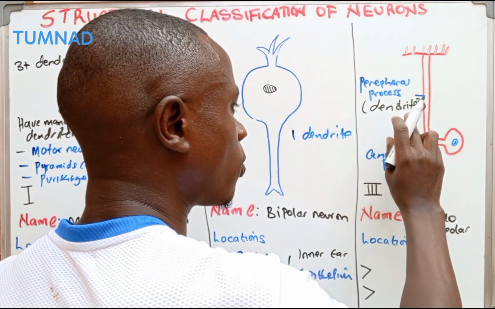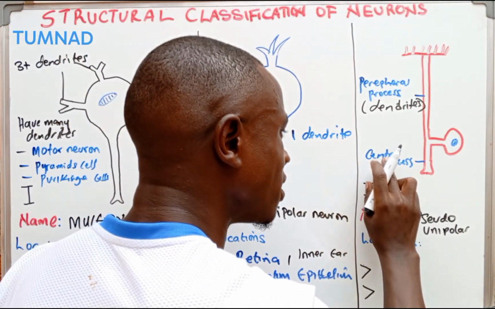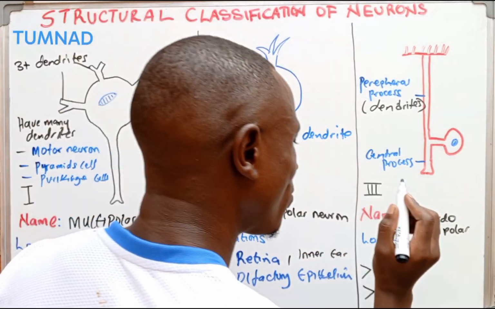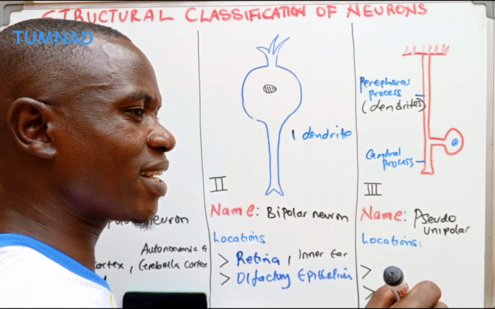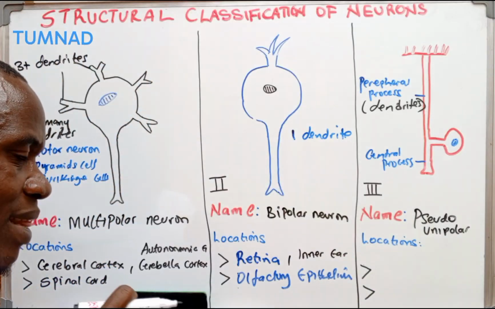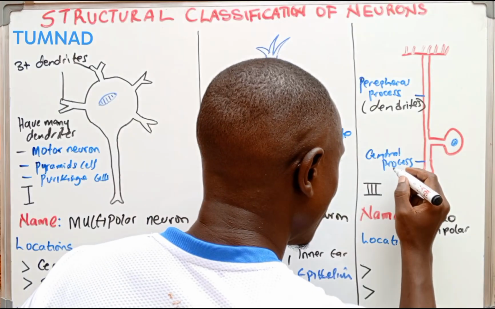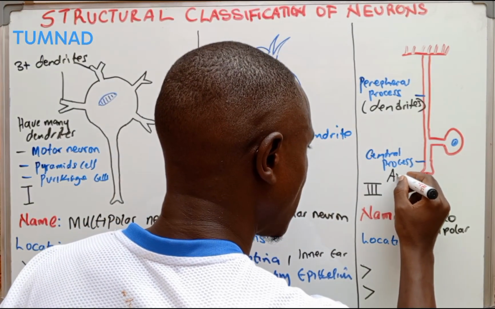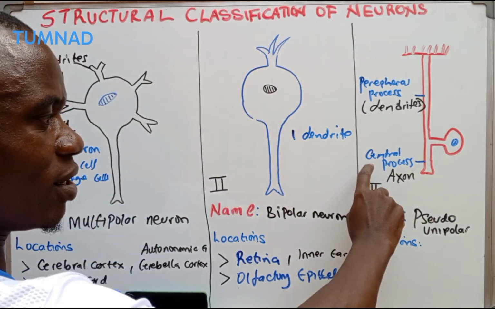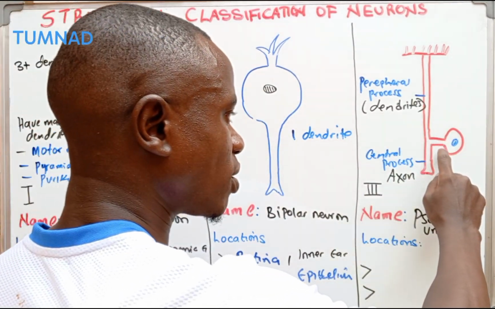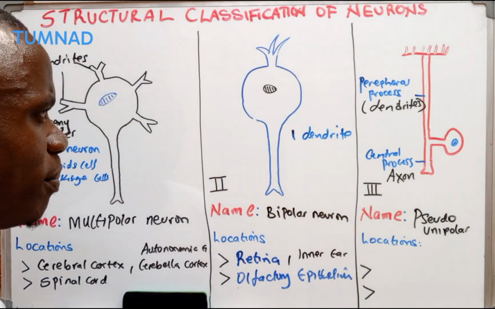So the peripheral process is like the dendrite of these pseudounipolar neurons. And what happens in the case of the central process? Any extension from the cell body that feeds this information to the central nervous system is part of the axon. So the central process serves the role of the axon. From the cell body going to the axon is the central process, and from the cell body going up to the sensory receptors is the peripheral process.